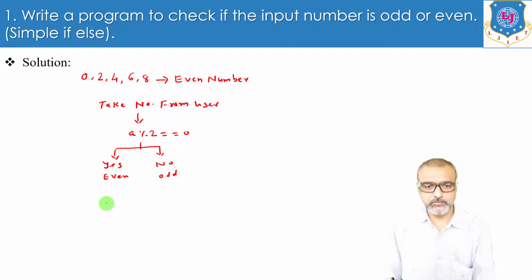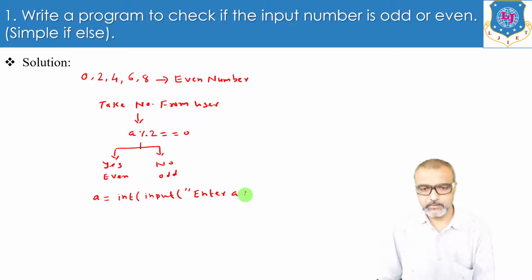So first of all, we will take one number from the user, say A, that is the variable, equals to int of input, enter a number.